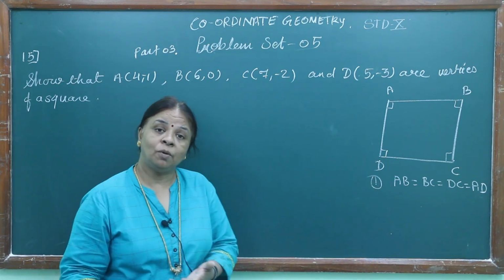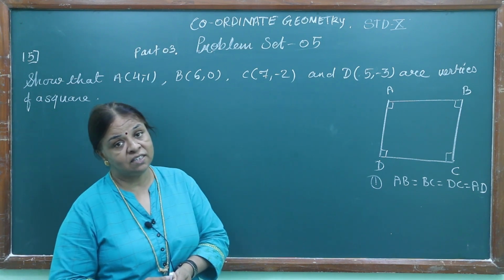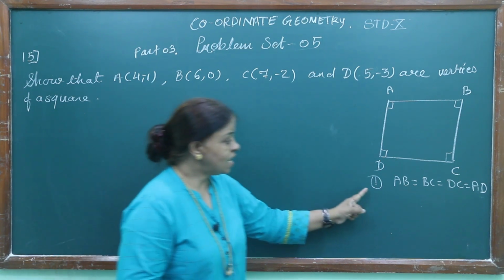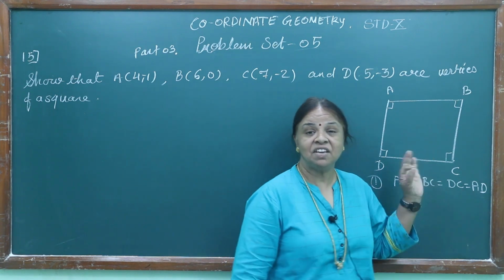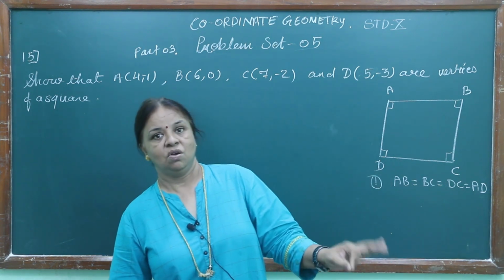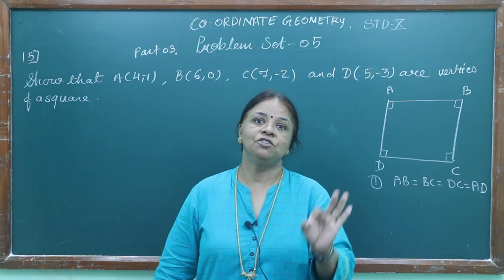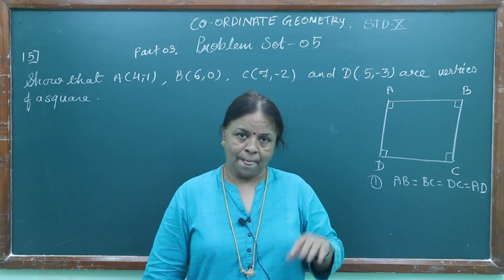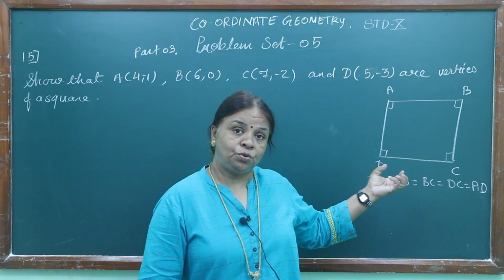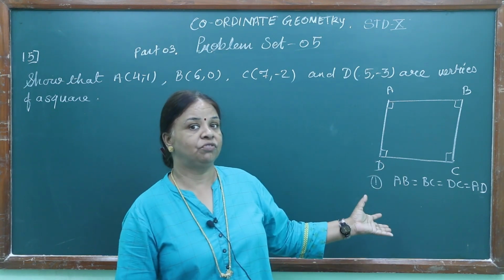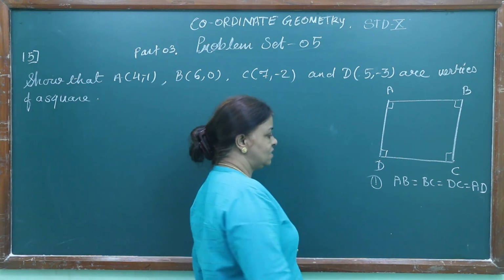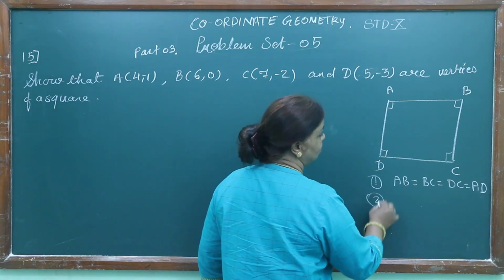What is another property which can say that it is a square? If we are able to say that AB equals BC equals DC equals AD, then we can say that it is a rhombus. For a rhombus, all the sides should be equal. But to prove that it is a square, what other thing should we prove? Confirm test. The confirm test is that the diagonals should be equal.